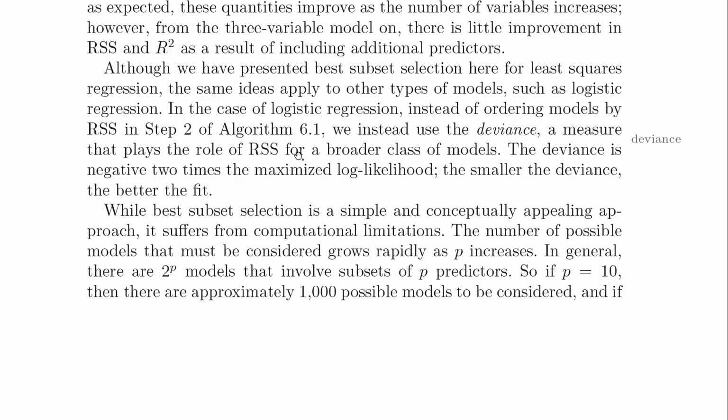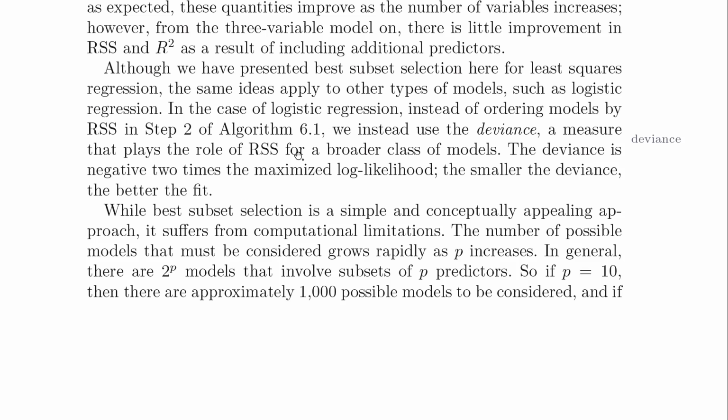While best subset selection is a simple and conceptually appealing approach, it suffers from computational limitations, right? The number of possible models that must be considered grows rapidly as p increases. We get these exponential effects. In general, there are 2 to the p models that involve subsets of p predictors.